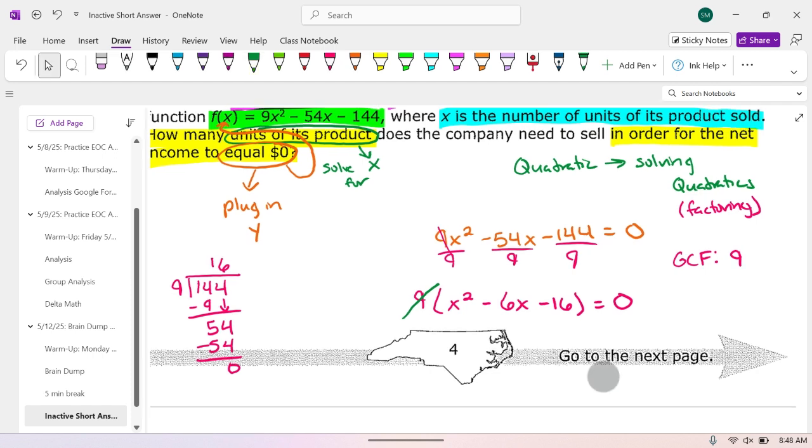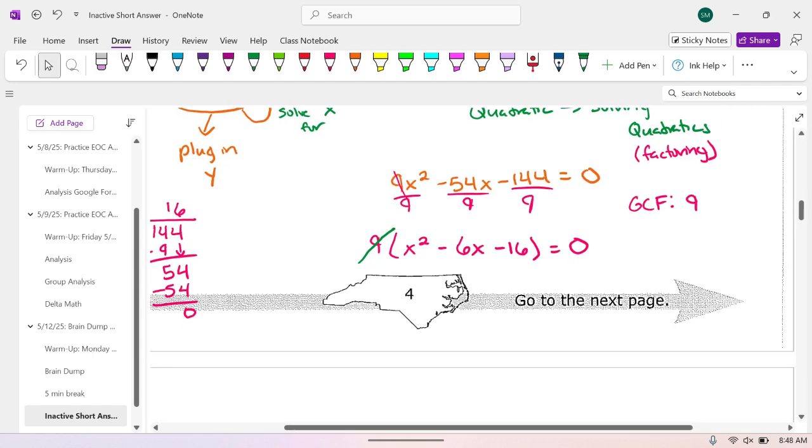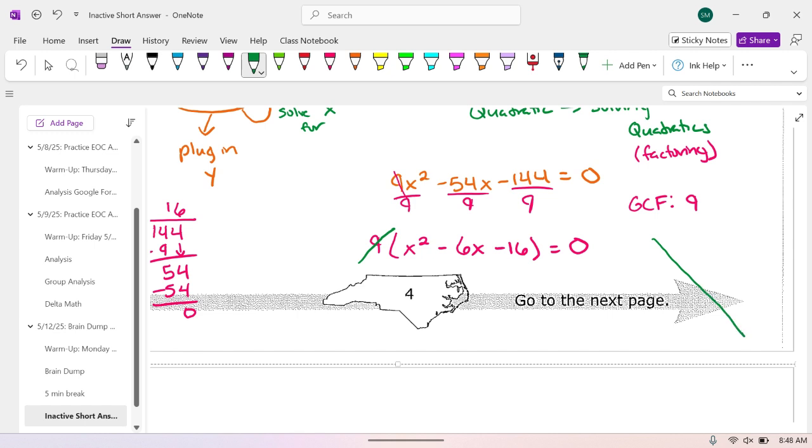So after we find a GCF, what's the next step in factoring? Big X. Guys, I know it's Monday, but you got to kind of wake up. All right. So big X. So we need A times C on top, B on the bottom. So what goes on top?